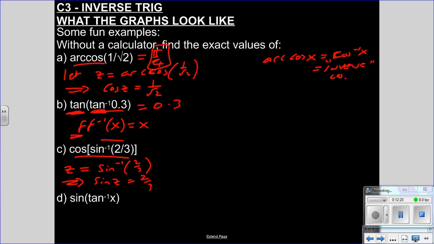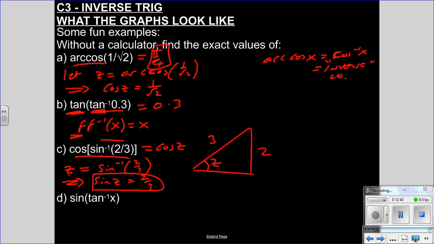Now, as z equals this, we're looking at cos z, and sine z equals 2 over 3. And z is the angle, like we said earlier. Sine is the opposite over the hypotenuse. So from here, you can find out what the adjacent is, because you can use Pythagoras. The adjacent is the square root of 3 squared subtract 2 squared. So this is root 5.